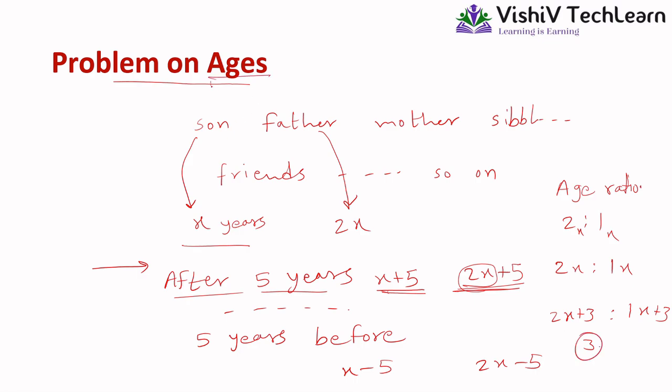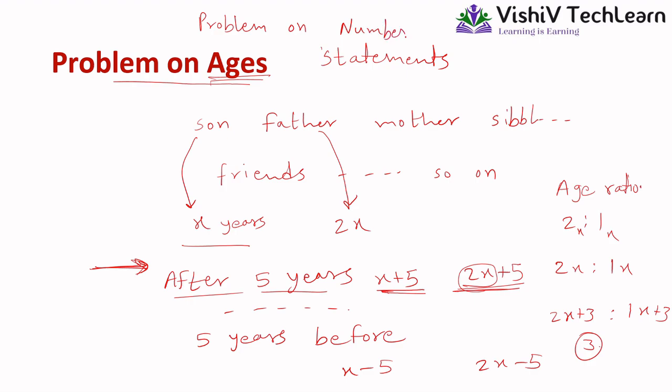While solving these questions, the most important part is what we just talked about: after 5 years, before 3 years, 3 years ago, such wordings you need to deal with. That is one part. The second part is the comparative or logical statements that we have seen in the topic problem on numbers.